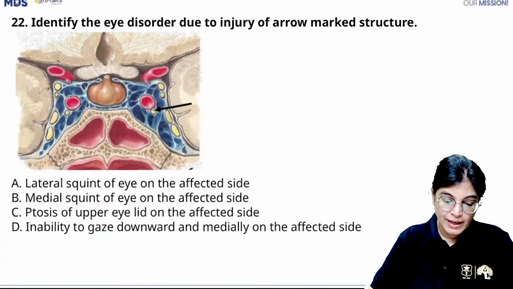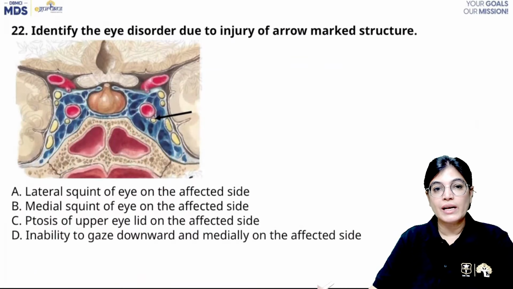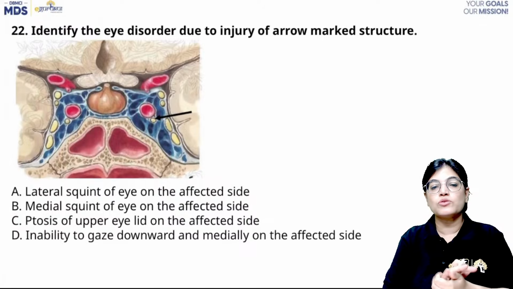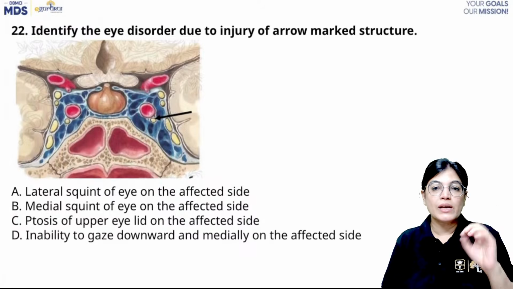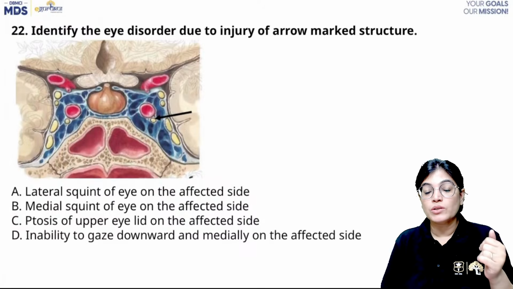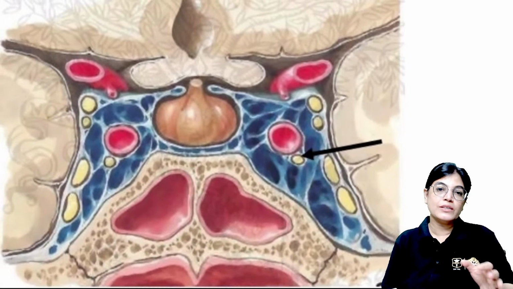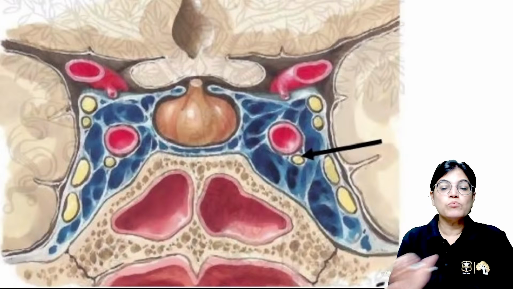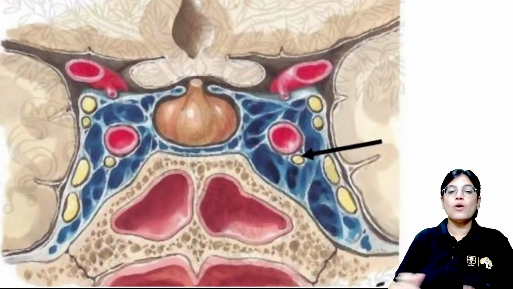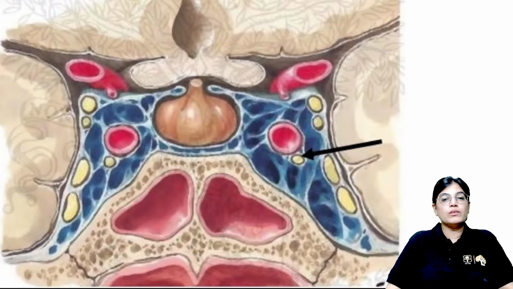Okay, now coming to the next, this is also an image-based question. The reason I'm showing you so many image questions related to the same topic is that the cavernous sinus is a very important topic for your INI-CET exam. Firstly, I would like to enlarge this image. This is again showing you the cavernous sinus. The blue colored structure is the cavernous sinus. Now a black arrow is marked on one of the structures. Can you tell me which nerve this is?